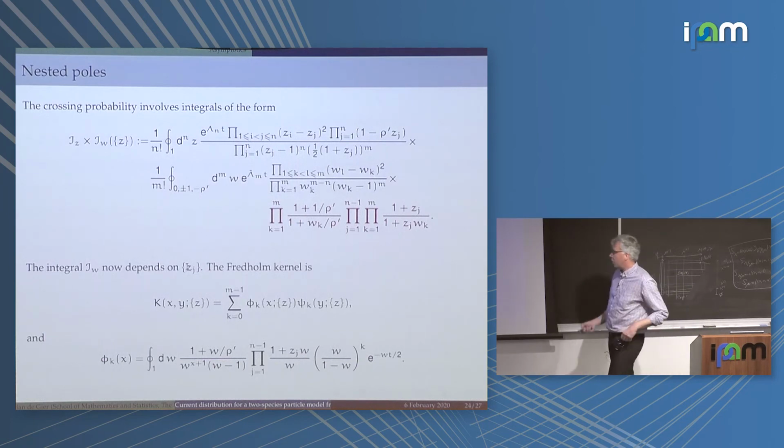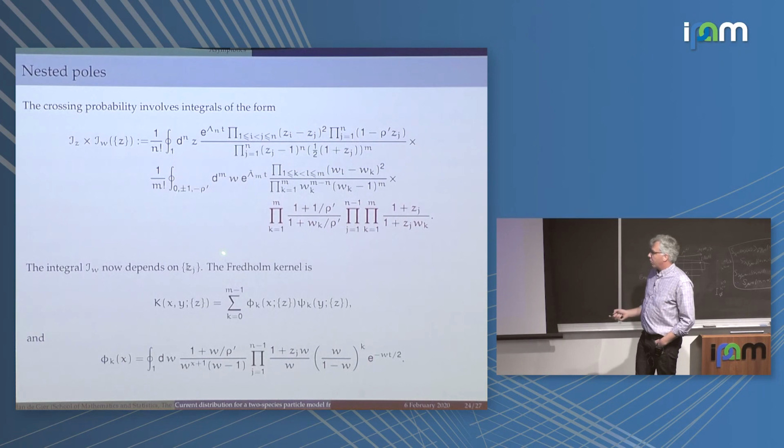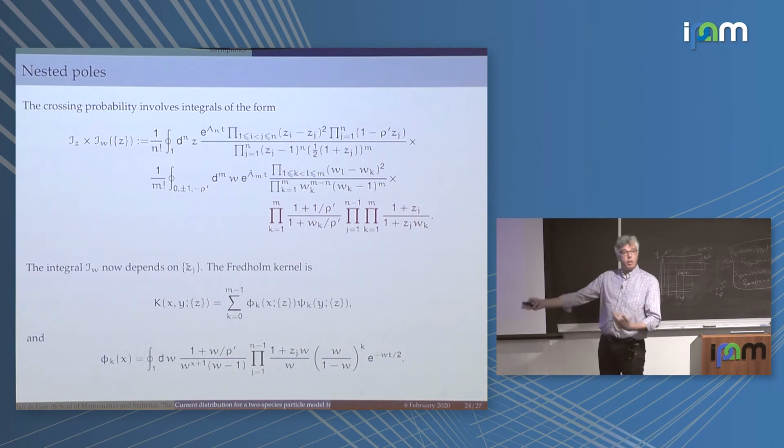If you try a similar method, and you just consider the W integral, if I naively follow the same process, then you get a Fredholm determinant for this integral here, the second and third line, with a kernel that still depends on the Z variables that you still need to integrate over.